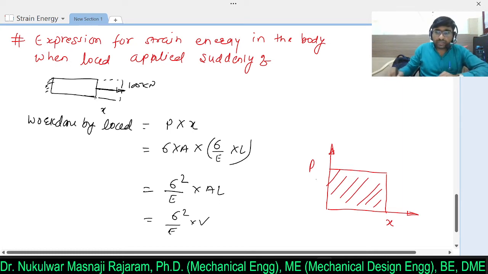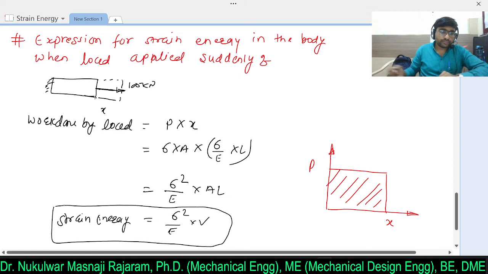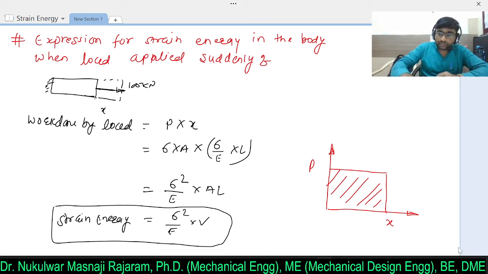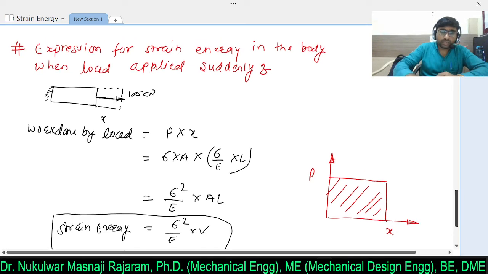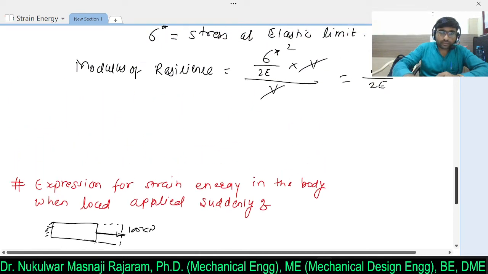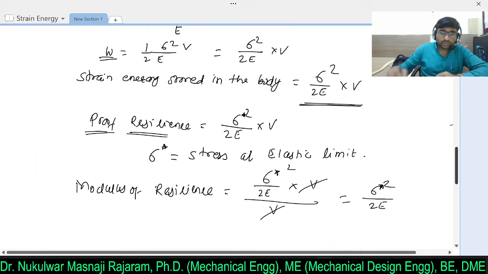Now this is work done by load, or we can say it's strain energy when load is applied suddenly. Clear? So when you compare this equation with this equation, wait, I will show you.